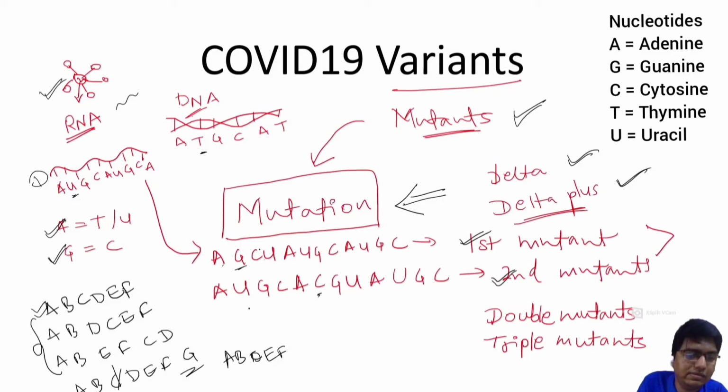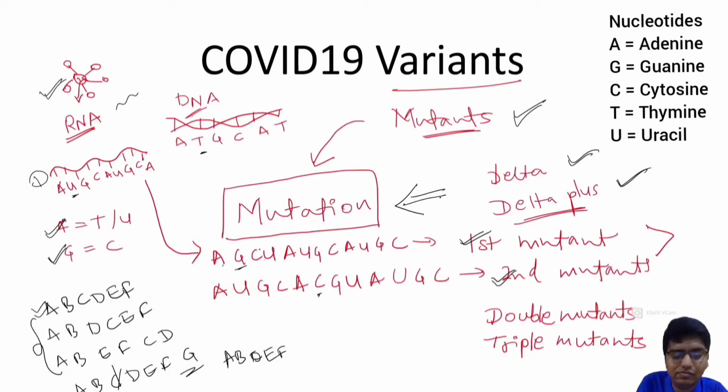So C is deleted from here. Addition means insertion. So basically this is mutation: the nucleotide sequence is changed. This is the first mutant and this is the second mutant, as we saw.